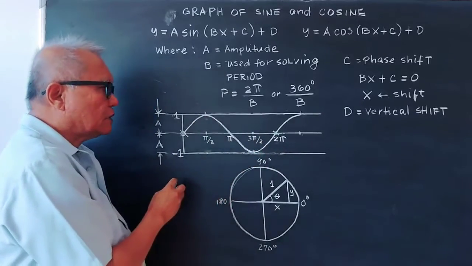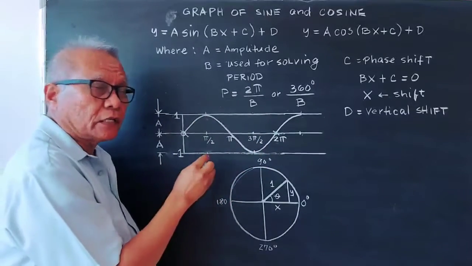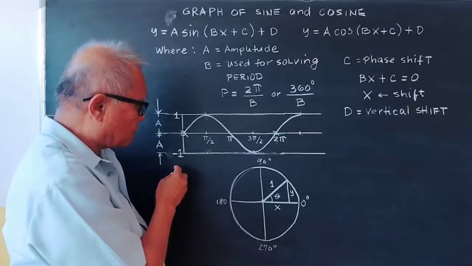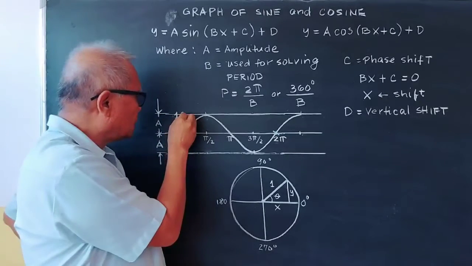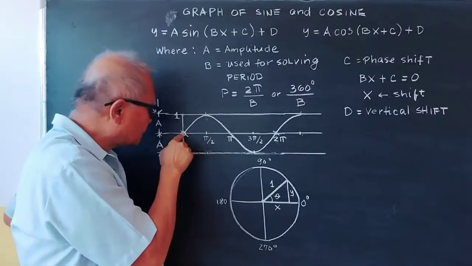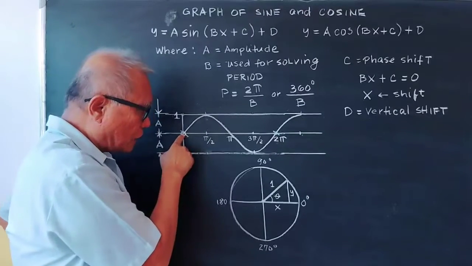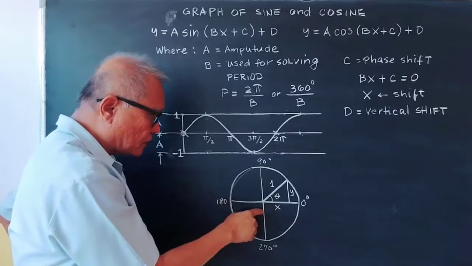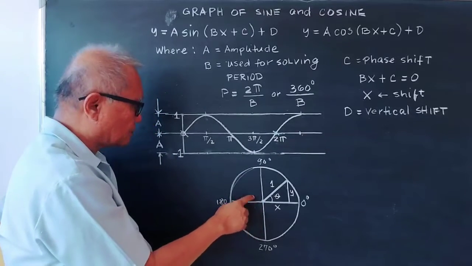Why is it that for the cosine graph, it starts only at positive 1 when the sine starts on the 0? I will explain that to you by using this figure, class.